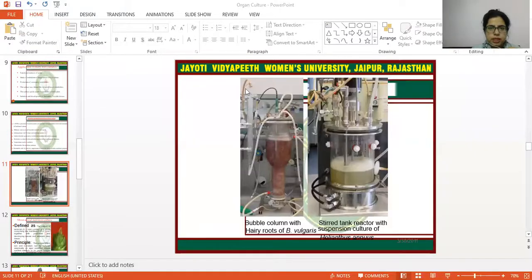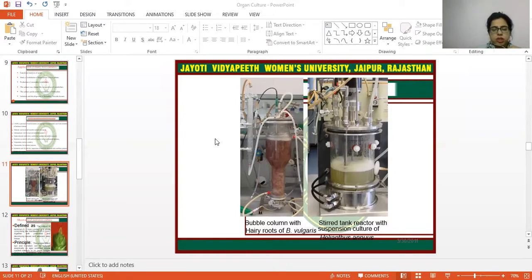For root culture systems, some reactors have been developed. You can see these are some reactors or suspension cultures especially. This is a bubble column, which has hairy roots of B. vulgaris, and the second one is a stirred tank reactor with the suspension culture of Helianthus annuus.